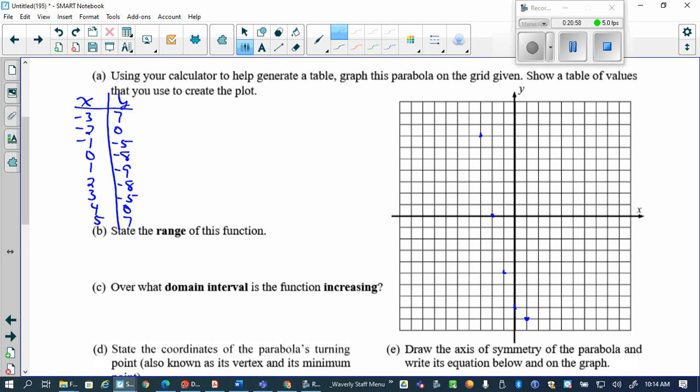Now we start going back up, right? There, there, one more in there. Now this 1, -9, that's our turning point, our vertex, right?